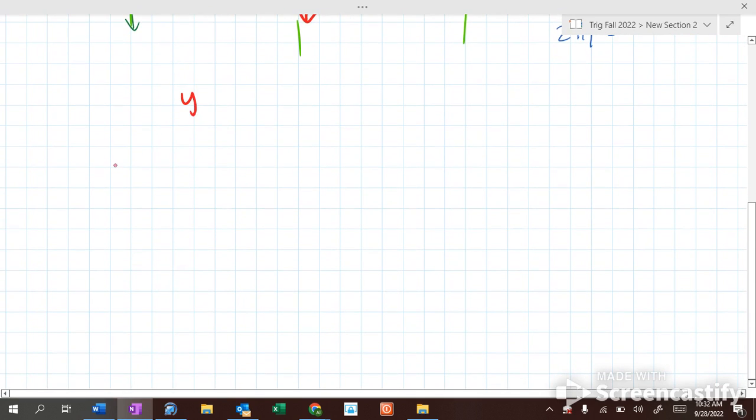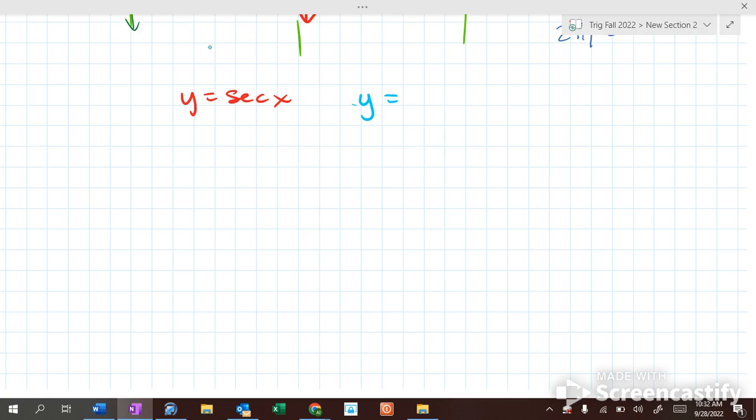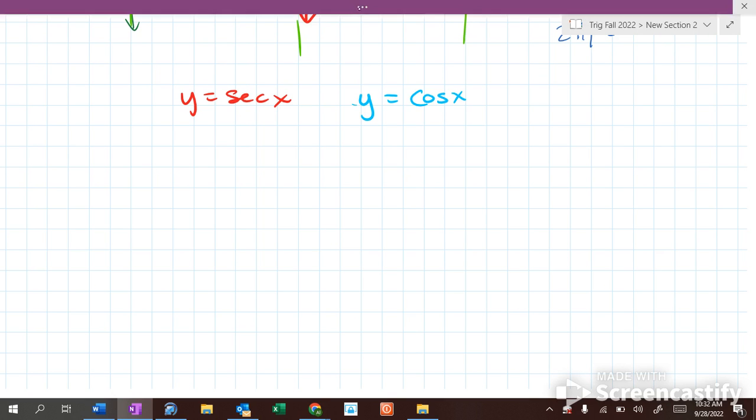Now y equals secant of x. The secant is the reciprocal of what function? The secant is the reciprocal of cosine of x.